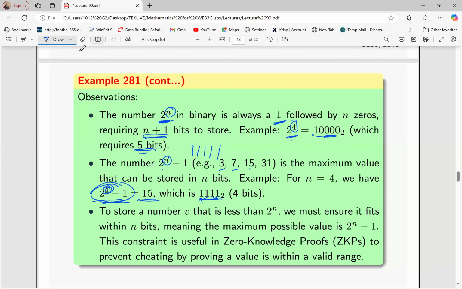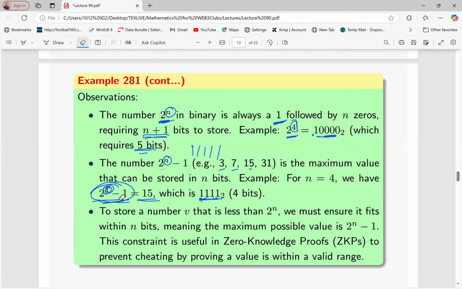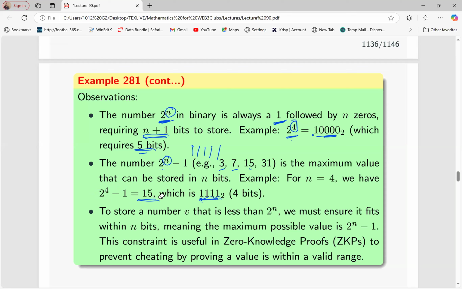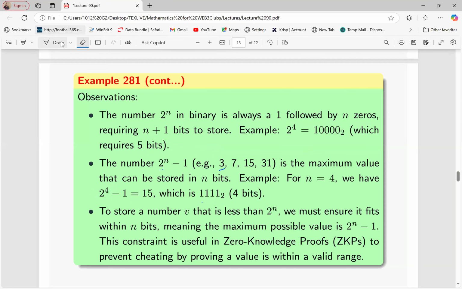So therefore, to store V, which we had written above, we are talking about the range. We want to store it and see whether it will fit in the range we are storing it. That is why this knowledge is important.